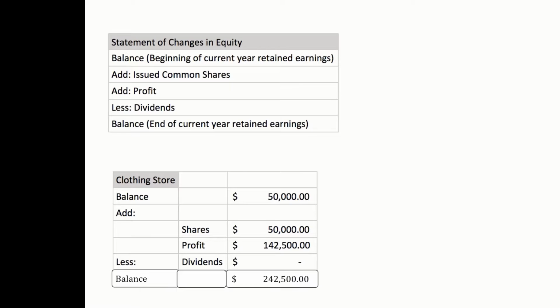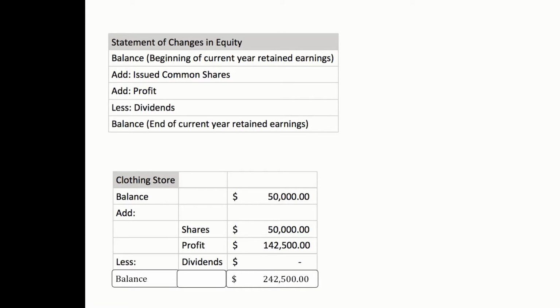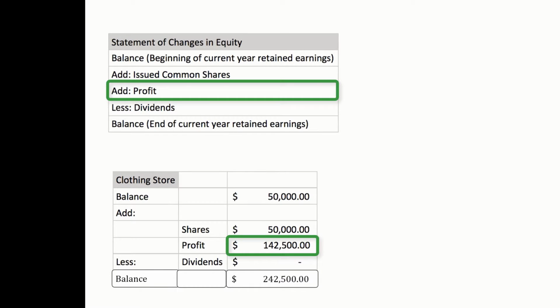The next line looks at shares that a company has sold. Again, a company sells shares in order to gain capital in exchange for a small amount of the company. The store that we are looking at sold $50,000 worth of shares, so this line will read $50,000. Next is the profit or loss for the most recent year, or for the current year, which was $142,500.